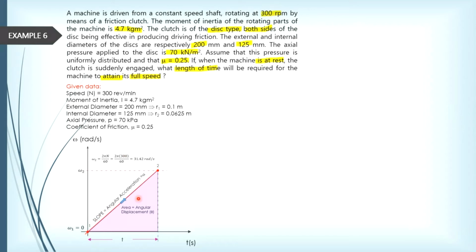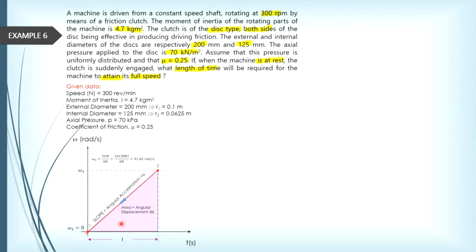Now, initially it is at rest. The question says initially the machine is at rest, so that is 0 radians per second. Based on the omega against time graph here, you will be able to draw a straight line. The slope of a straight line on an omega against time graph refers to the angular acceleration, which is equal to alpha.